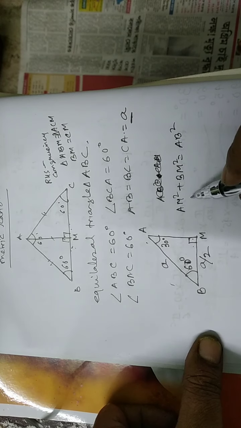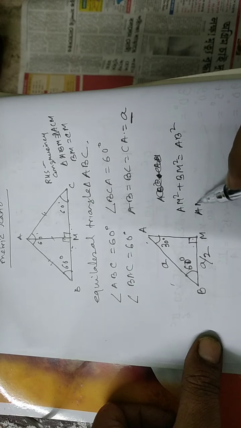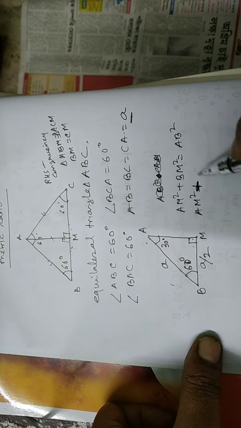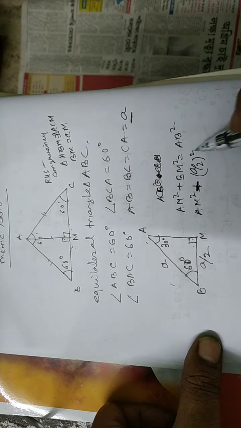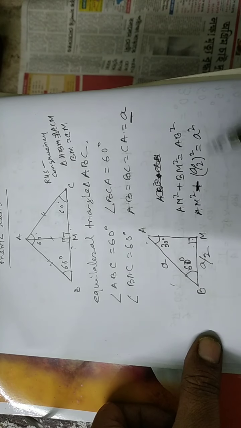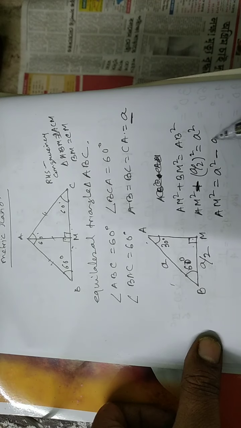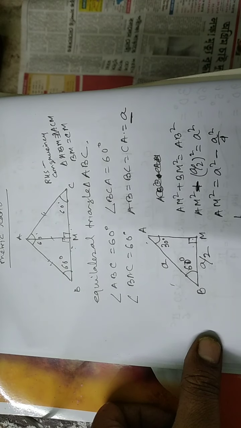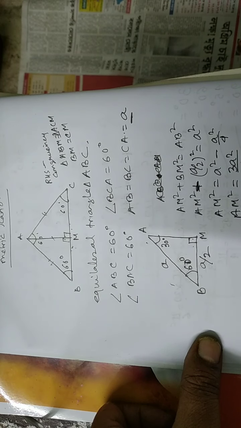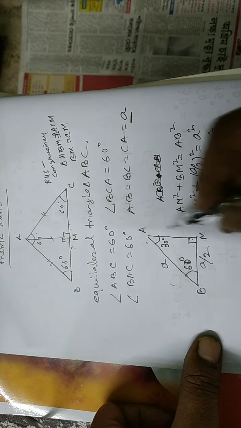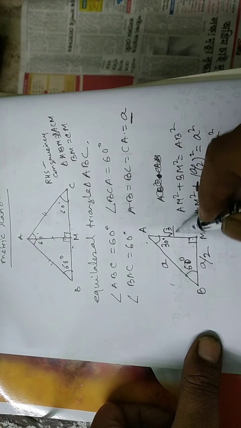So AM square, which is unknown, plus (a by 2) square equals a square. So AM square equals a square minus a square by 4, or AM square equals 3a square by 4, or AM equals root 3 by 2 a. So this AM is root 3 by 2 a.